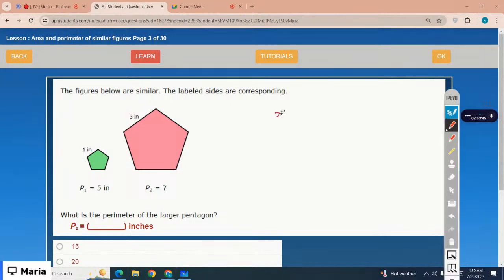Okay, so just make the ratio, it's 3 over 1 equals P2 over 5. 3 times 5, that is 15. Okay, you can complete the lesson.